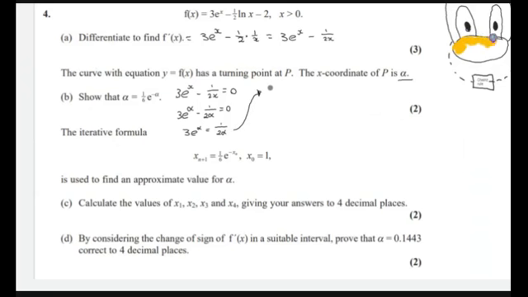And then I just divided it by 3, because if you remember, 3 was part of a multiplication, so it's not just a number you minus it by.